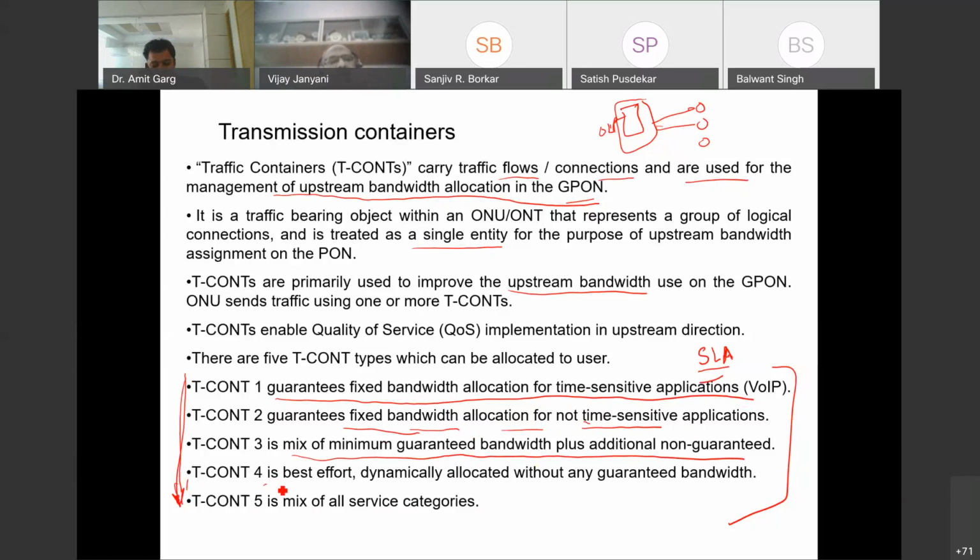TCONT 4 is best effort, dynamically allocated without any guarantee. So it doesn't provide you any guaranteed bandwidth, but it says it will make its best effort to provide whatever bandwidth you need. And then TCONT 5 is a mix of all service categories.